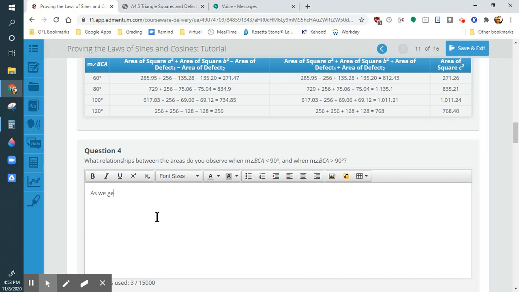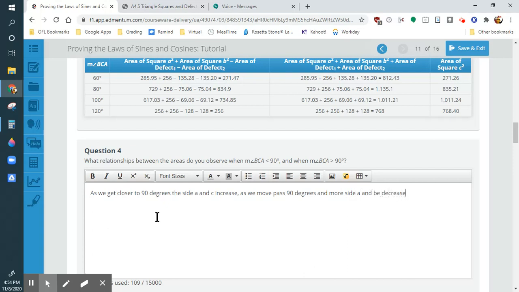So I'm just going to say this. As we get closer to 90 degrees, the side A and C increase. As we move past 90 degrees and more, side A and B decrease.